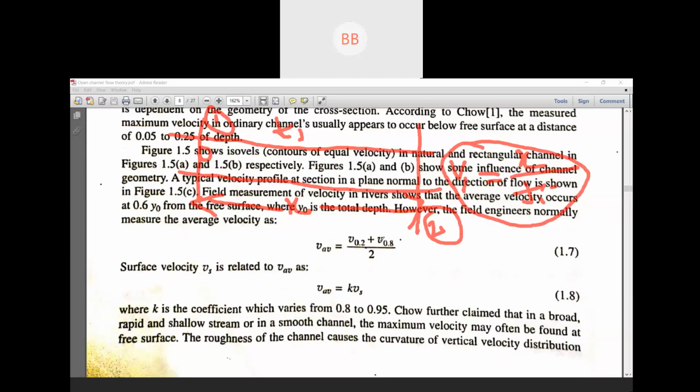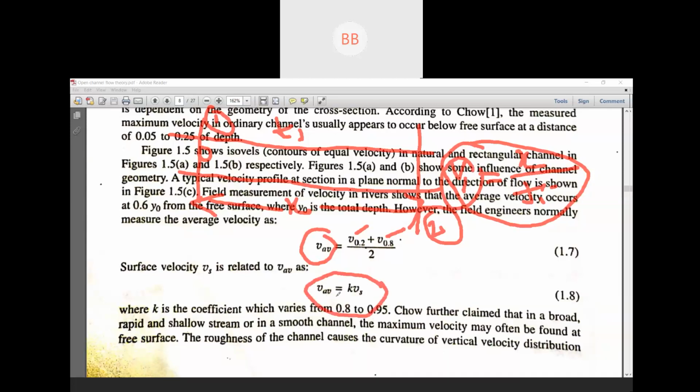So this is not the average velocity we are talking about. For the average velocity, you need to find the velocity at 0.2, and the velocity at 0.8, and take the average, then only will you get the average velocity. What we are getting here is the surface velocity. So in such a situation, you have to use this equation to find the average velocity.